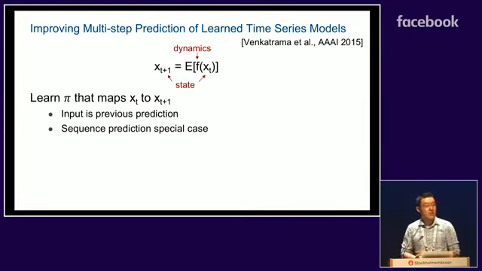If this dynamics model is stochastic, then in this case, we take the expectation. It's the expected next state. And so to do forecasting, the goal then is to learn a policy pi that maps x sub t to x sub t plus 1, right? So in a sense, the input to the policy is the policy's own previous prediction. And so this is a special case of sequence prediction because the input is fully determined by the previous prediction.